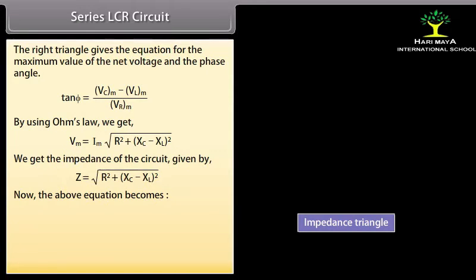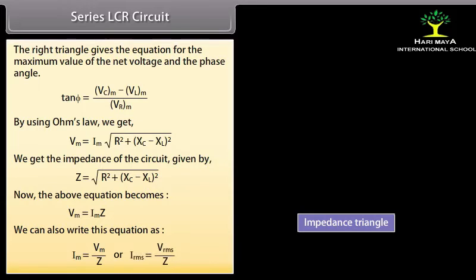Now, the above equation becomes Vm = Im times Z. We can also write this equation as Im = Vm upon Z, or IRMS = Vrms upon Z.